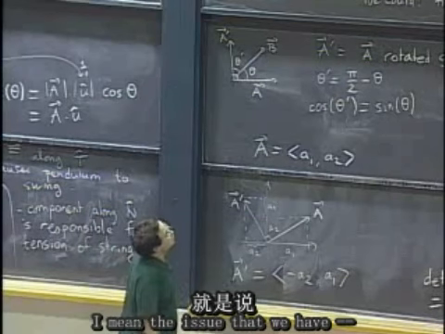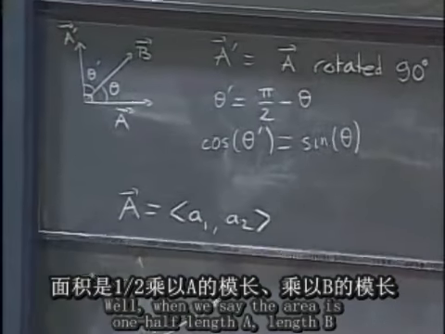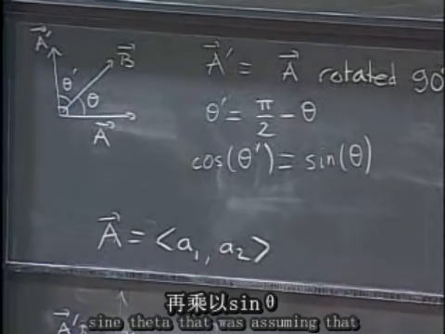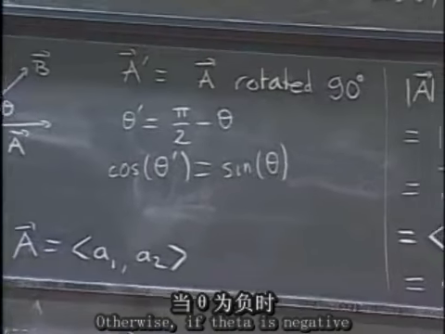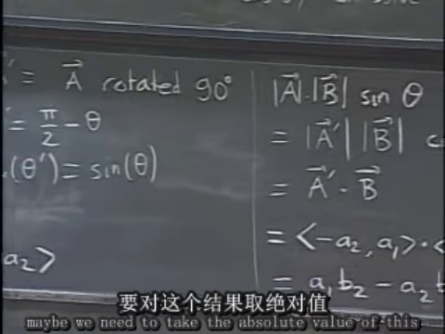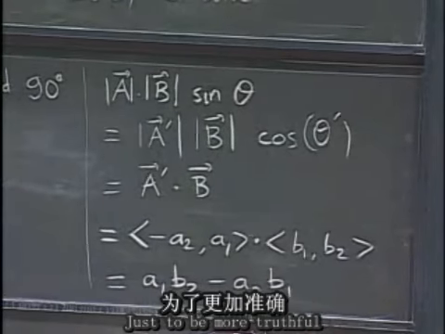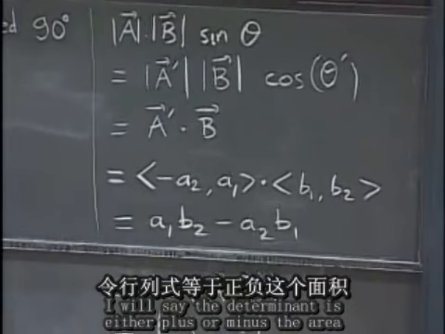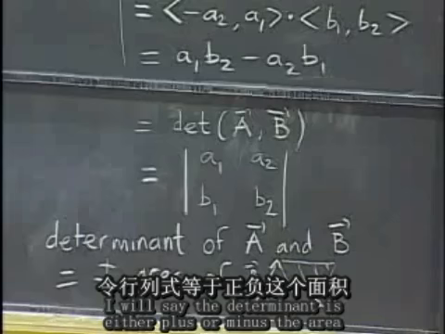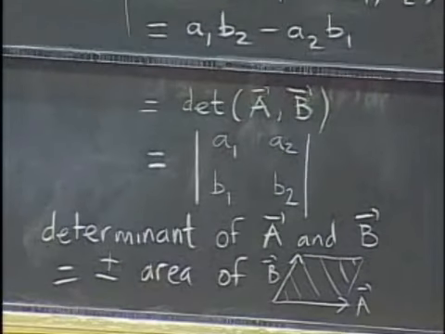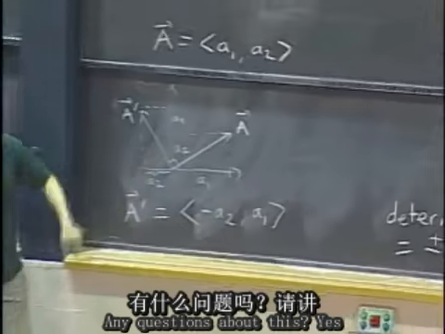I mean, the issue that we have, well, when we say the area is 1/2 length A, length B sine theta, that was assuming that its sign is positive. Otherwise, if theta is negative, maybe we need actually to take the absolute value of this. So just to be more truthful, I will say the determinant is either plus or minus the area. Okay. Any questions about this?